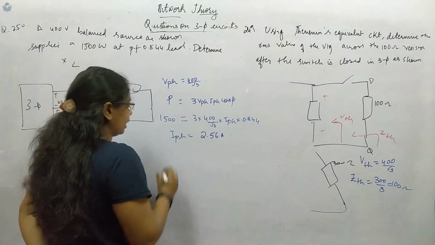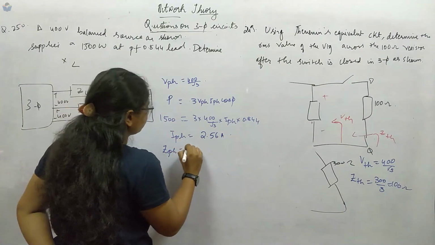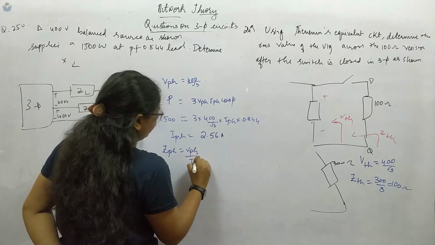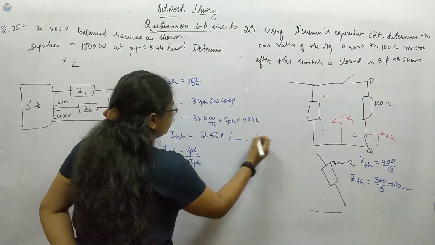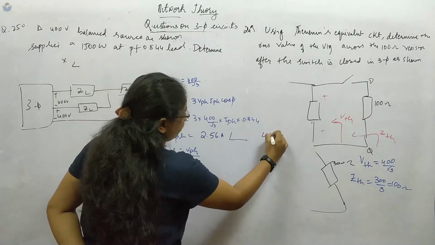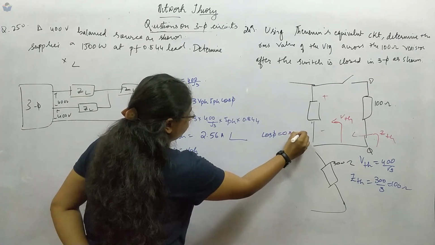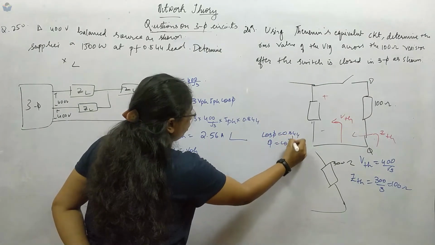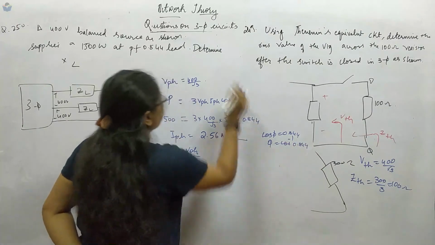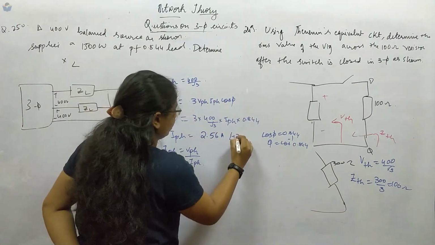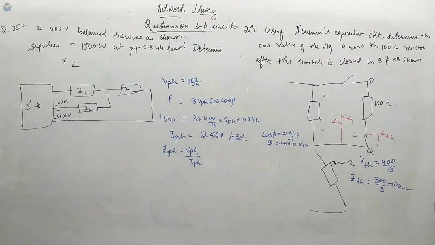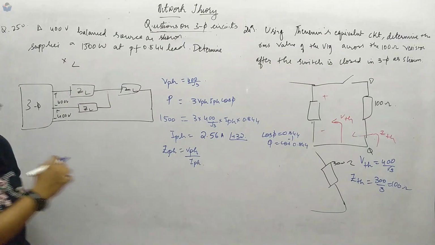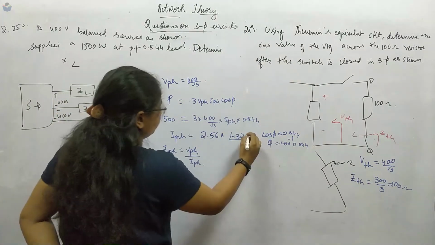Now for the calculation of ZPH, we have VPH divided by IPH, and the angle: cos phi is equal to 0.844, so phi is equal to cos inverse 0.844. Since they have given it as leading, the angle will be plus 32.4 degrees.